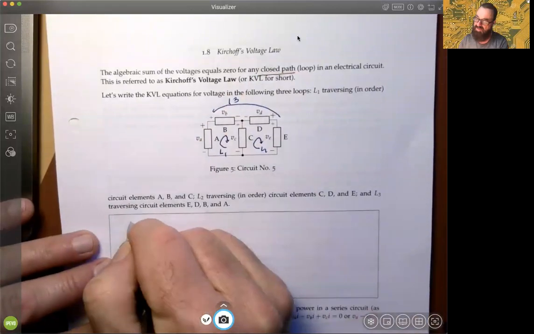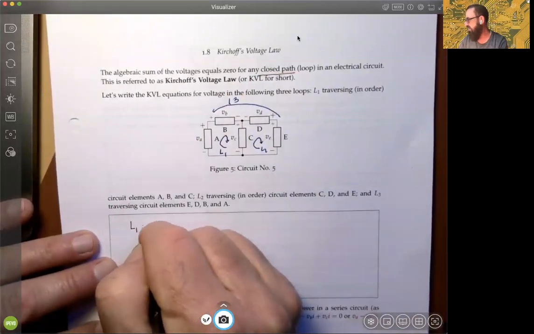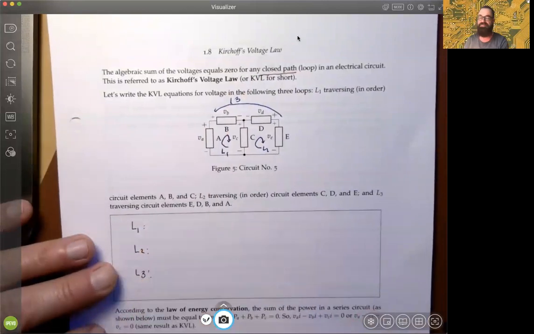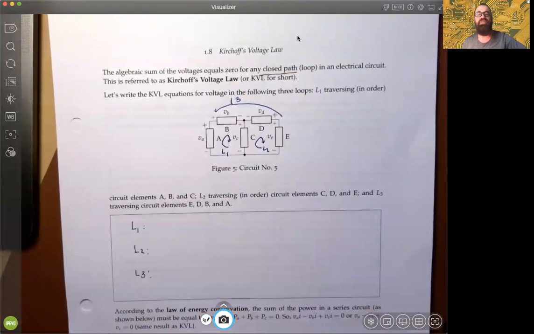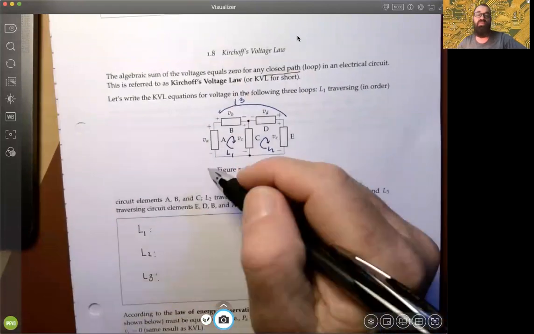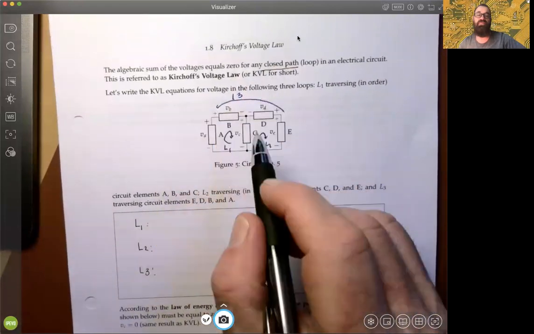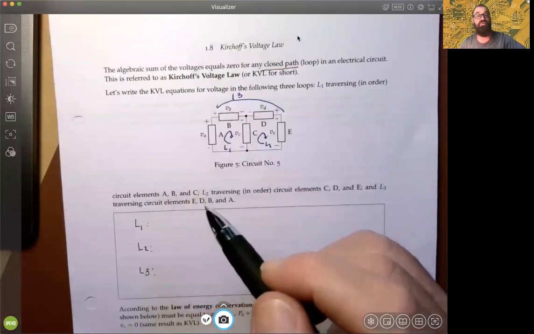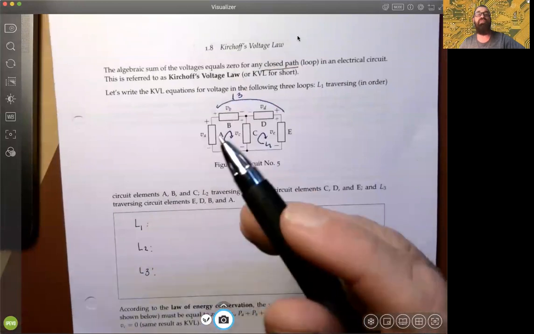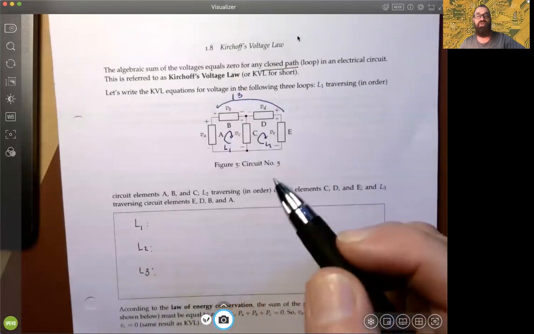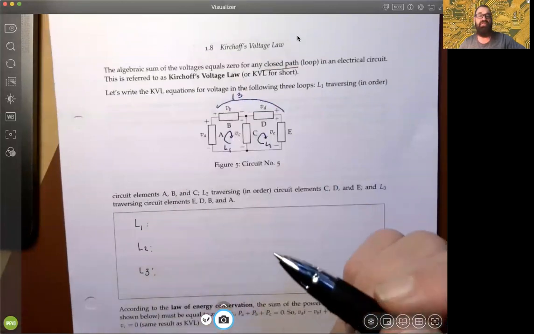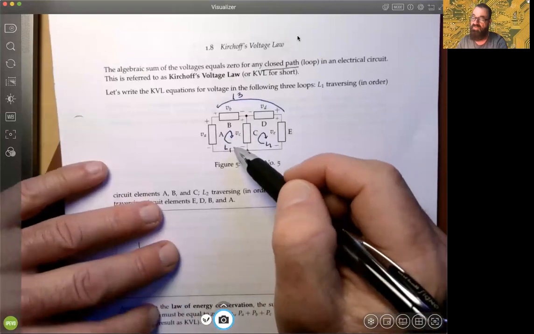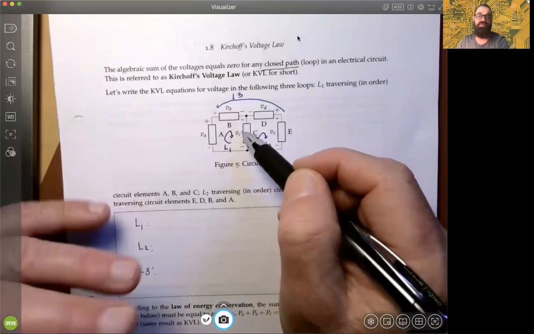So there are 3 closed paths here that we can represent, right? Let's look at how KVL applies to each one of these loops, okay? We need to pay attention, when we move along the path, to voltage polarities, in terms of whether, if we were following the current, we are in PRC or not, right? So let's take the first one. I've drawn it clockwise, though it doesn't matter which way you do it.